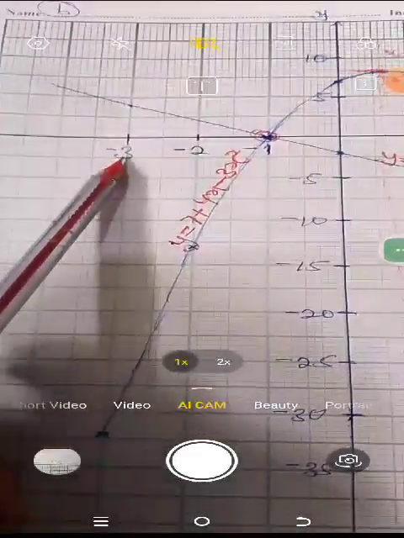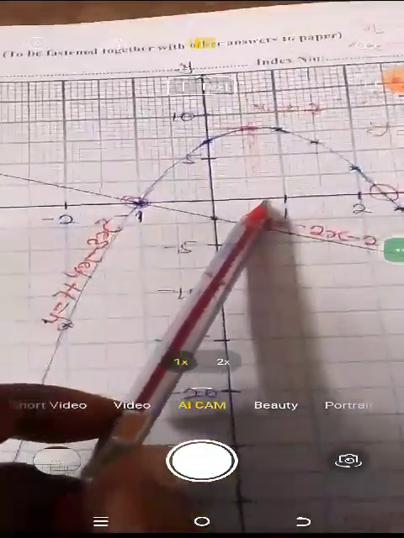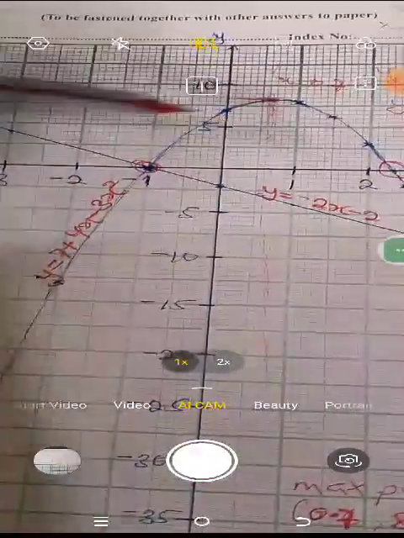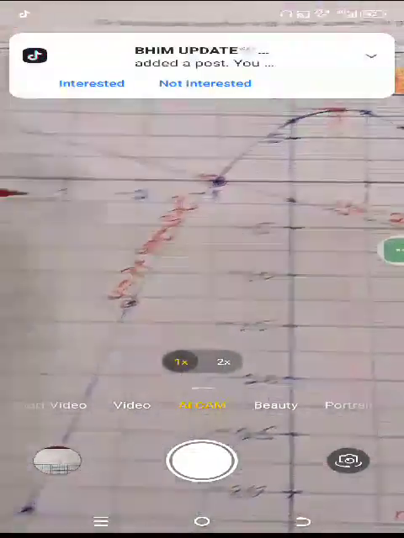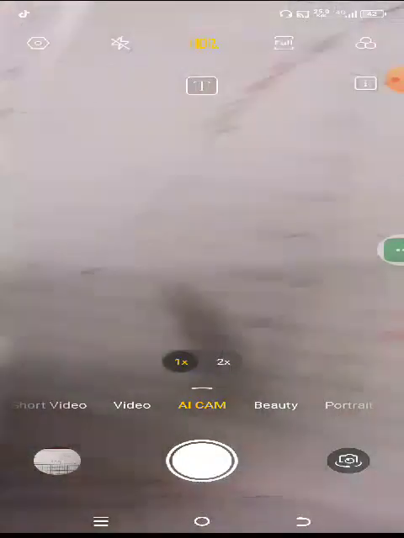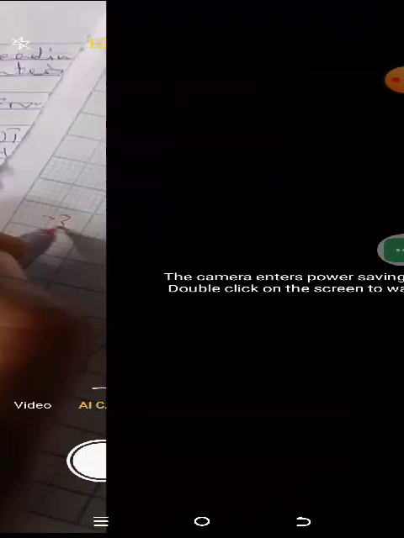So it means that y is increasing as x is also increasing. So the answer is like this. We have -3, x, 0.7.